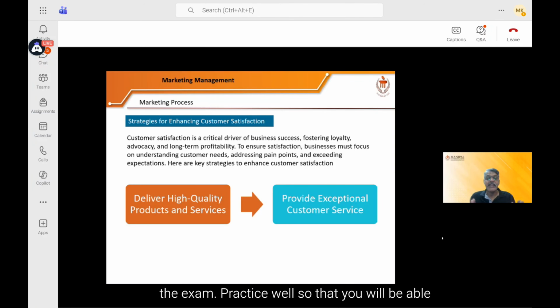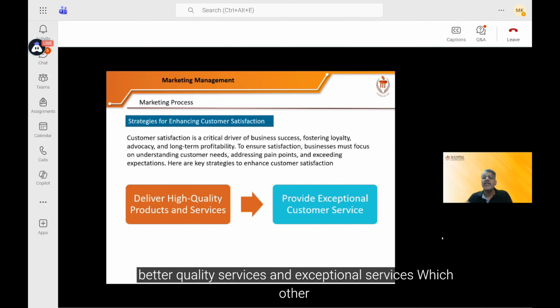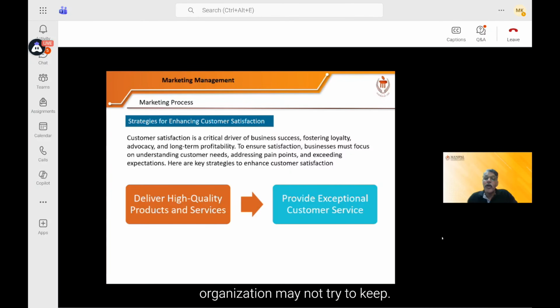Practice well so that you will be able to attend the exams comfortably. That's called exceptional customer services. That is how we can enhance the level of satisfaction. Every organization tries to give better quality services and exceptional services which other organizations may not try to give. Clear? Few questions I would like to take here.